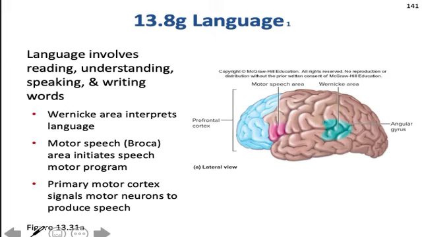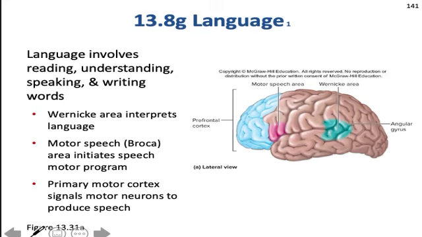Language involves reading, understanding, speaking, and writing words, right? Wernicke's area is the interpretive region, and it lies in the temporal and parietal lobes in a region that's called the operculum, okay? And the motor area for speech is Broca's, and that's in the frontal lobe, all right? And that's how we speak.